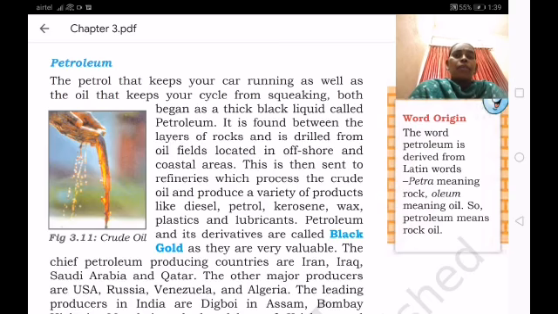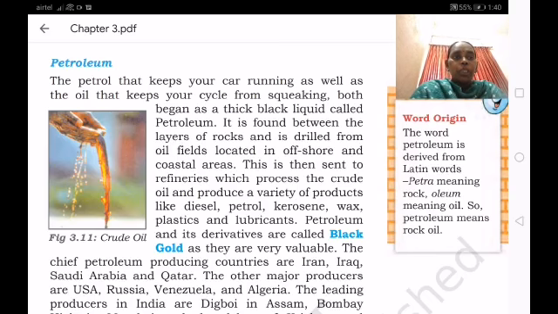When they take it from underground by drilling, at that time it is called crude oil. You can see in the picture how the crude oil looks. From the crude oil, they send it to the refineries to purify it.